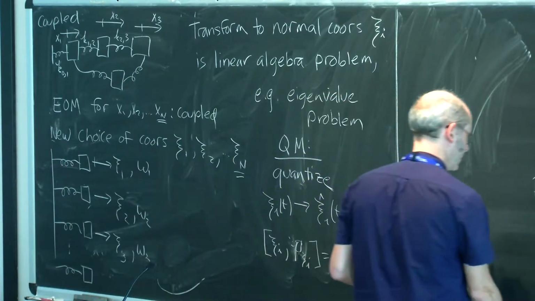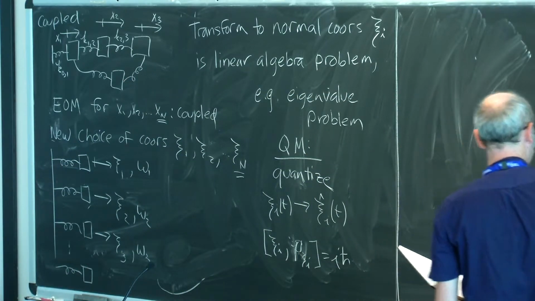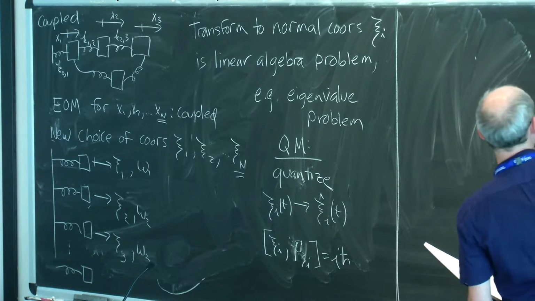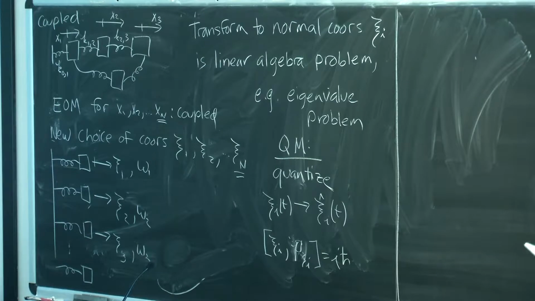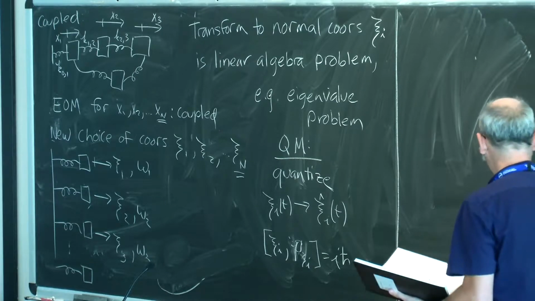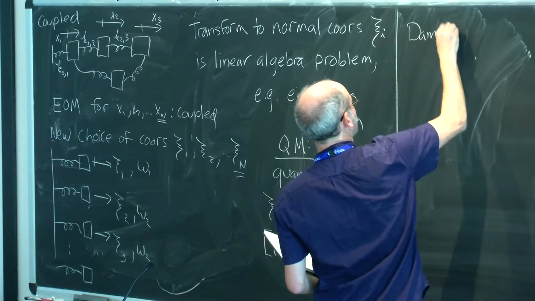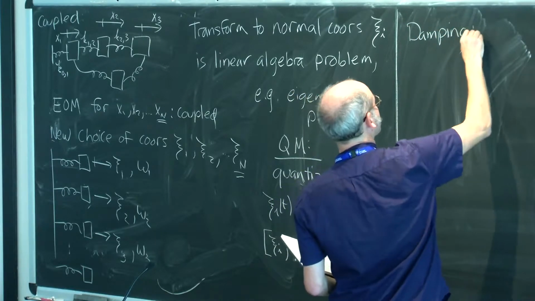And the last point that I wanted to make was about the introduction of dissipation. In classical systems of oscillators, usually the assumption is that once dissipation is introduced, not much qualitatively changes.